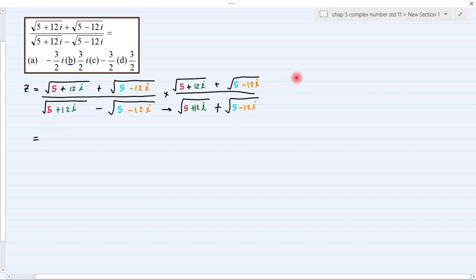So here in the numerator we get (a+b) the whole square, which can be expanded as a square plus b square plus 2ab.